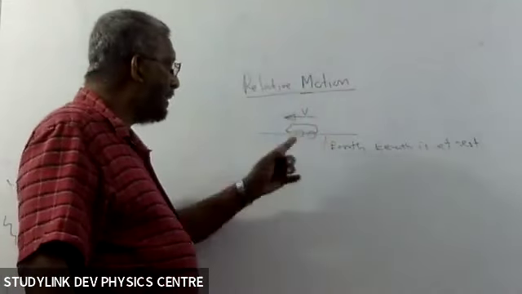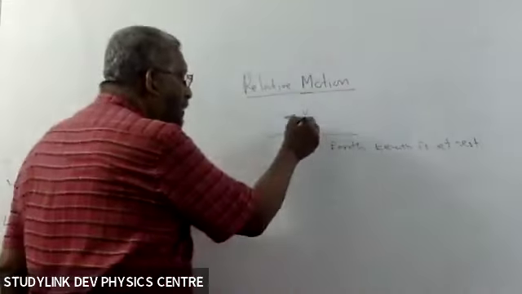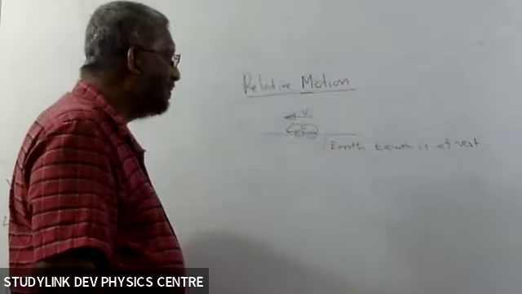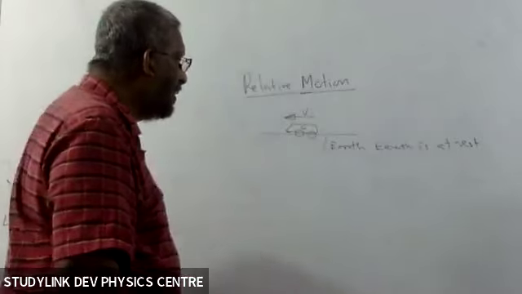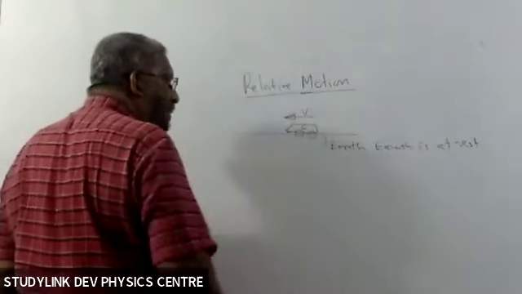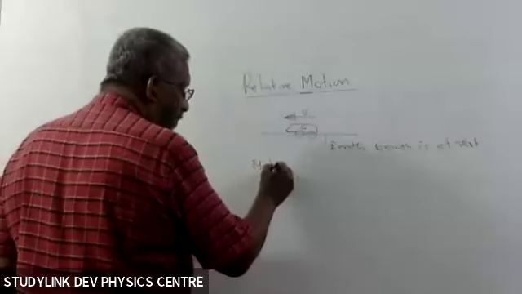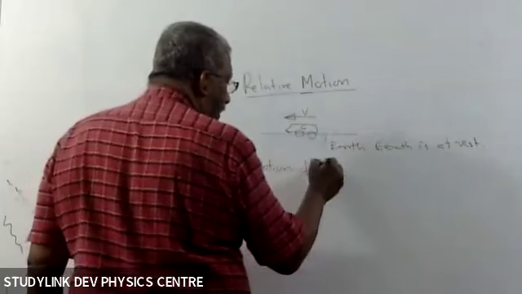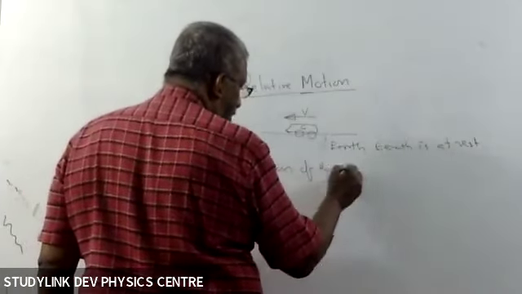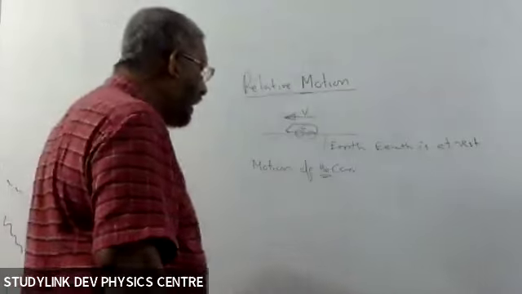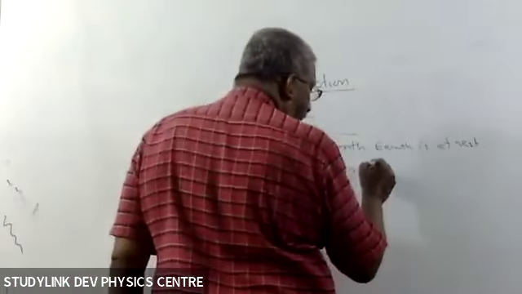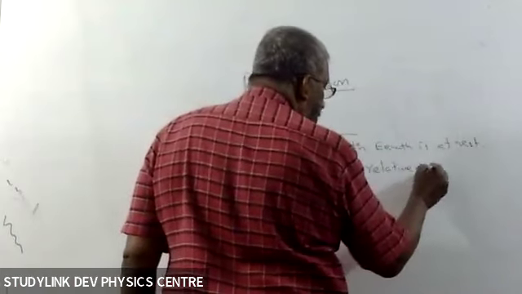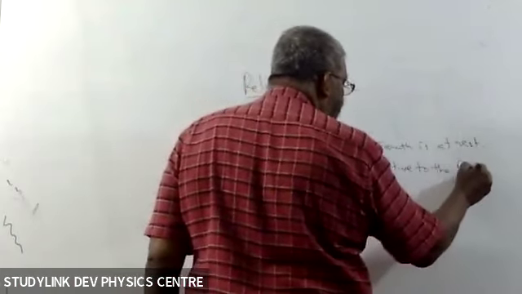Then relative to the earth, the car is moving towards the left. Then the statement goes like that: motion of the car relative to the earth.